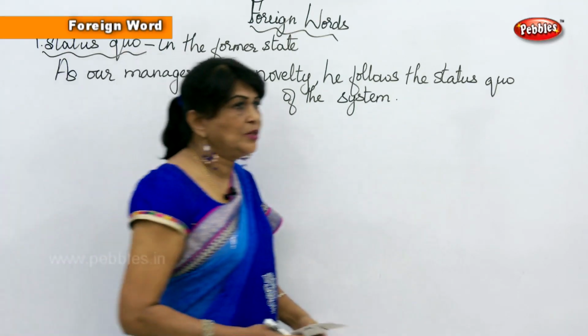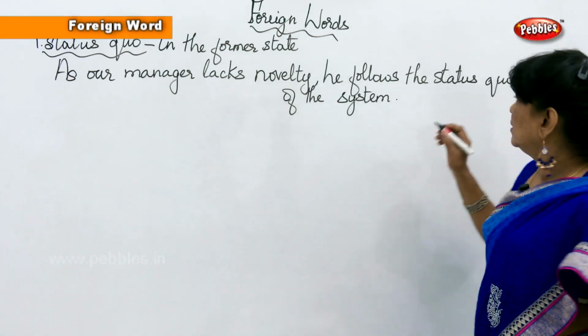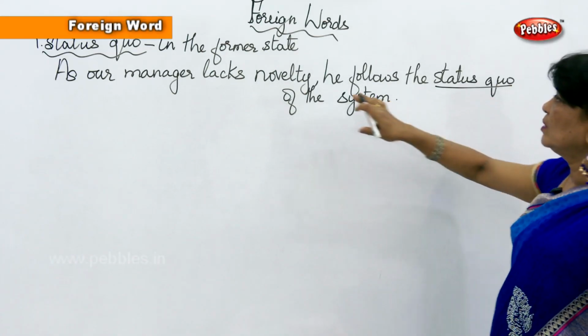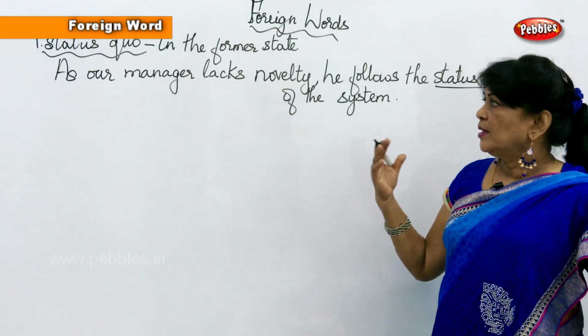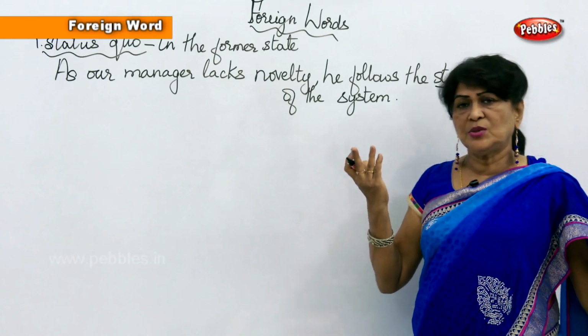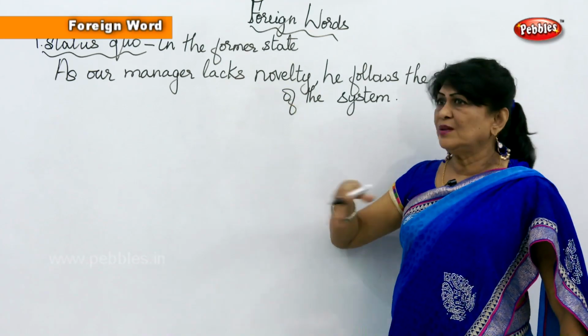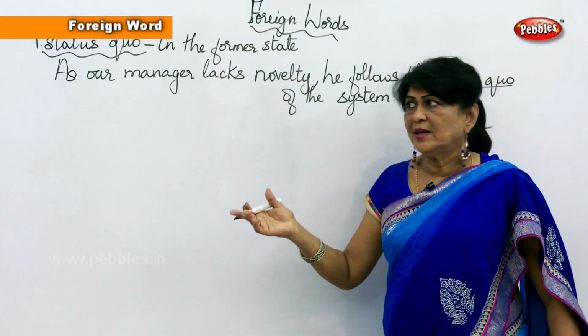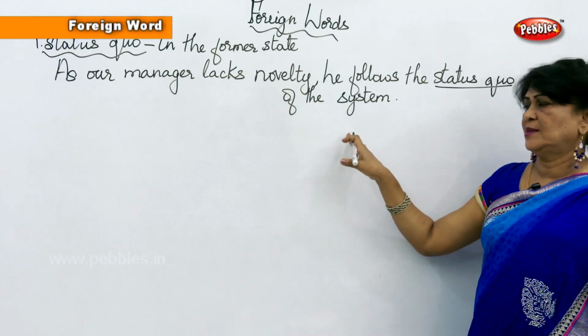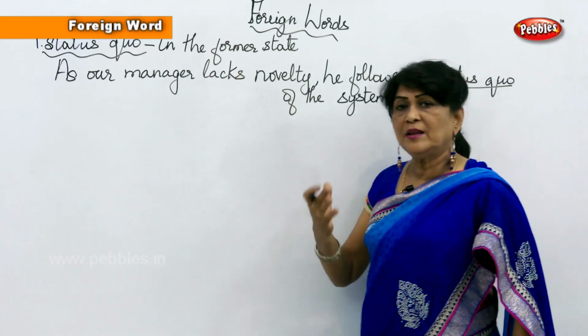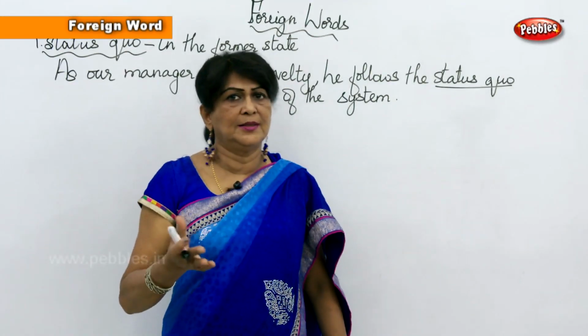The status quo is a foreign term and you have to know the meaning. What is the meaning? In the former state. As a manager lacks means he does not have any new creative ideas. He follows the former state of the system. He is simply copying the former state of the system.